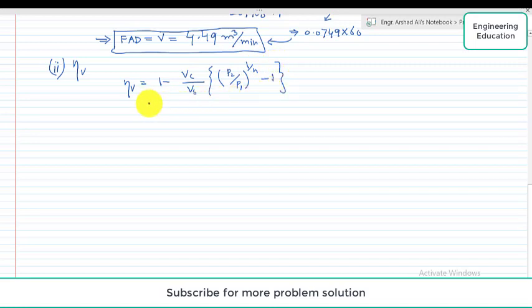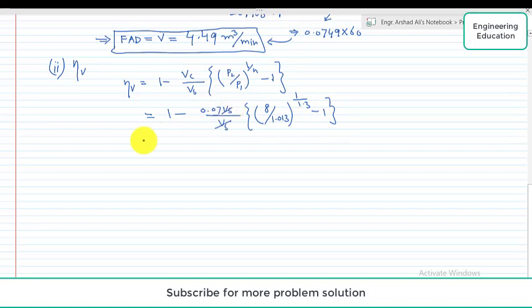So putting the values, 1 minus clearance volume, which is 7% of the swept volume, divided by swept volume, into P2 is 8 bar while P1 is 1.013 bar, power 1 over 1.3, minus 1.